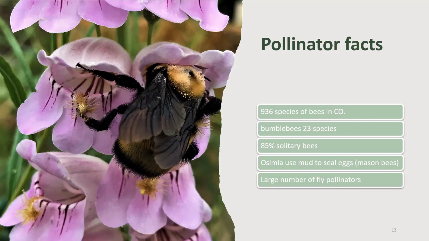This bee right here is a queen bee. It comes out in May, and this is Palmer's penstemon, Penstemon palmeri. They're right out in front of our building, and usually the last week of May, this starts blooming, and the queen bees are the first things to emerge from the ground.